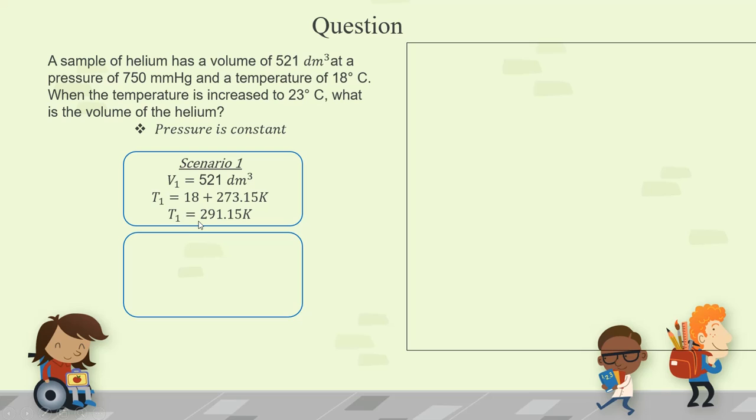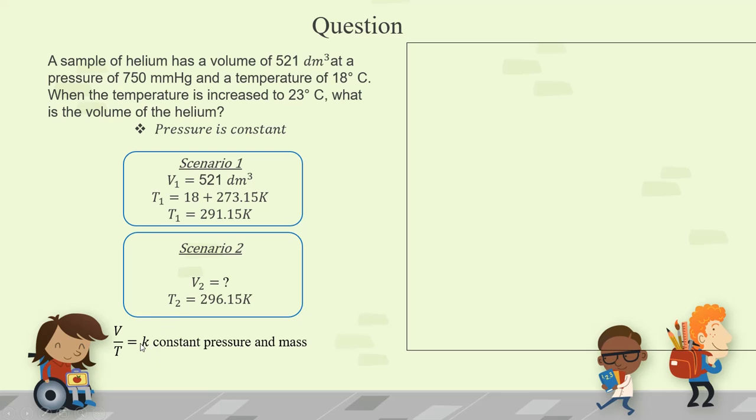So our initial temperature is therefore 291.15 Kelvin. Scenario 2, we have the new temperature 23 degrees Celsius converted to Kelvin, 296.15 Kelvin. But what we don't know is our second volume.